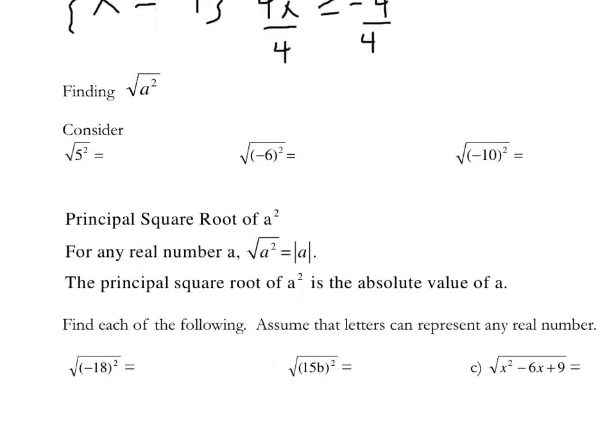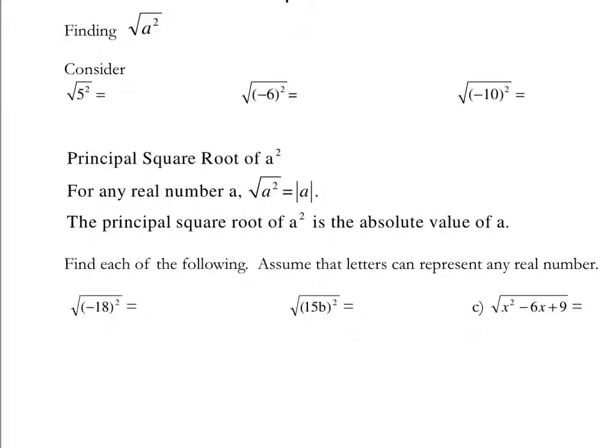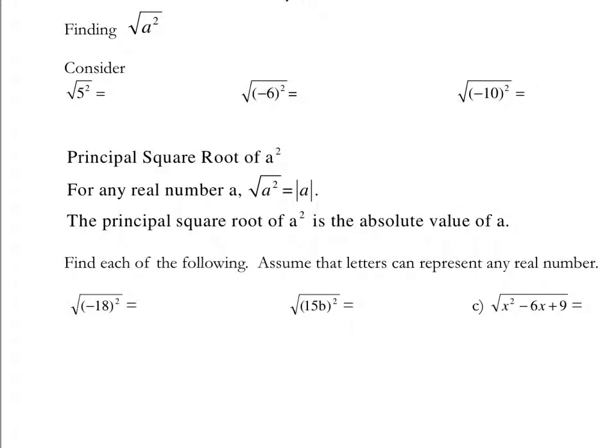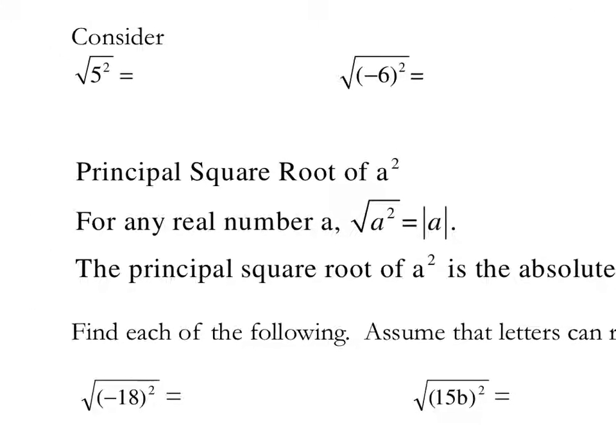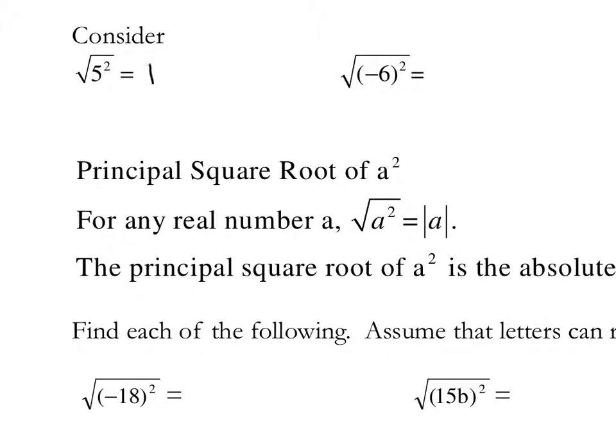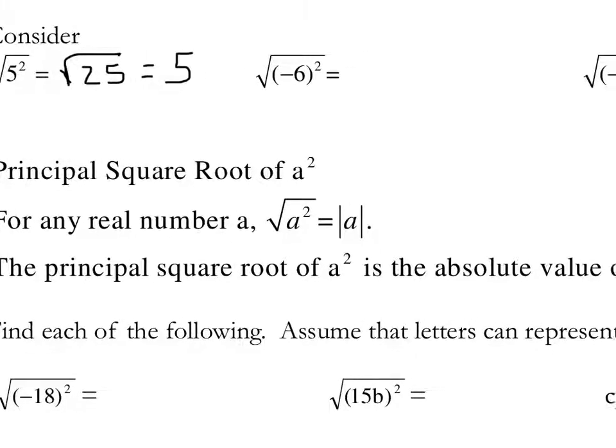Let's talk about finding the square root of a squared. We're first going to consider the square root of 5 squared. Well, 5 squared is 25, so that's the square root of 25. We take the square root of that, positive 5. That doesn't tell us much.